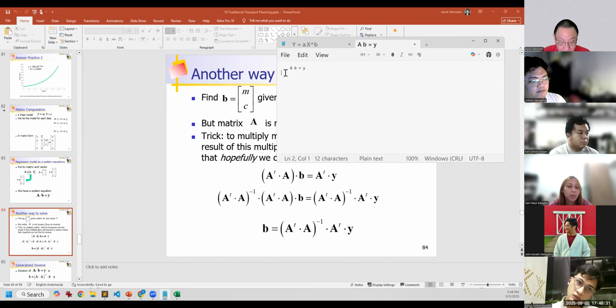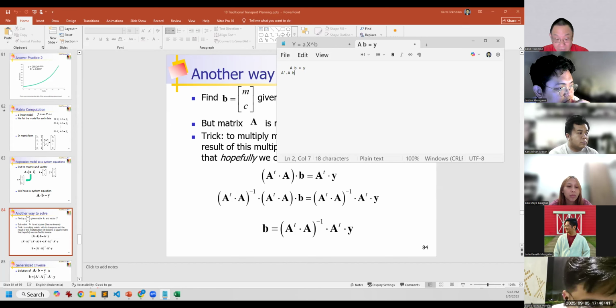So let's call this A accent the transpose. Okay, multiply by A times B. On the left-hand side, you multiply by the transpose. Then to make it equal, on the right-hand side, you must multiply with the same thing.